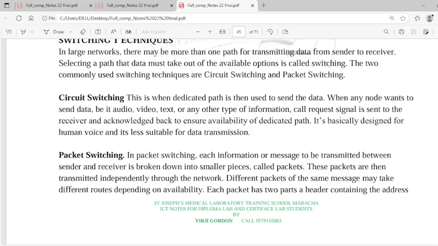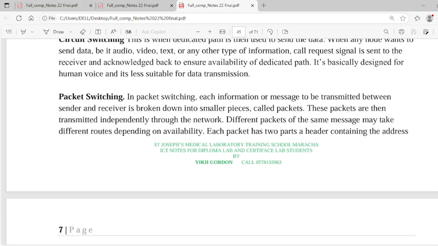With the help of improvement in technology, packet switching came in. In packet switching, each piece of information or message to be transmitted between a sender and the receiver is broken down into smaller pieces. I think we looked at this earlier on.